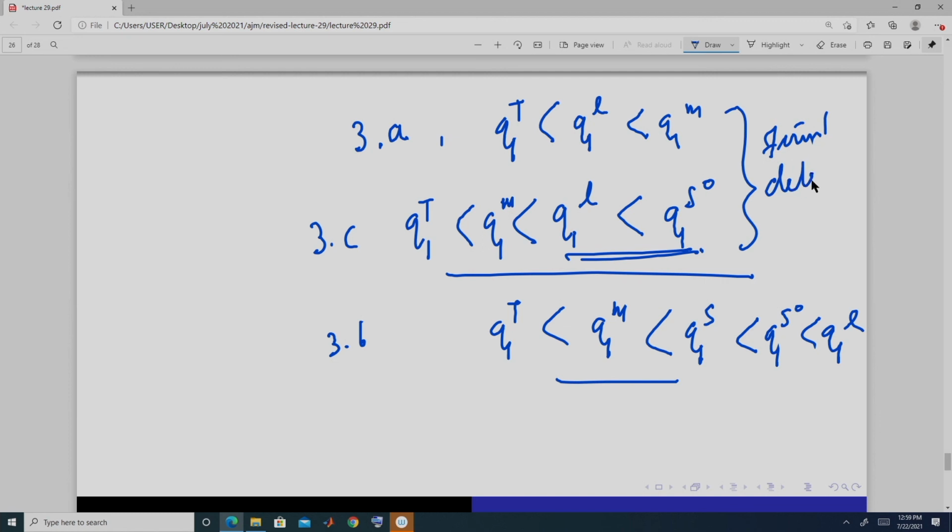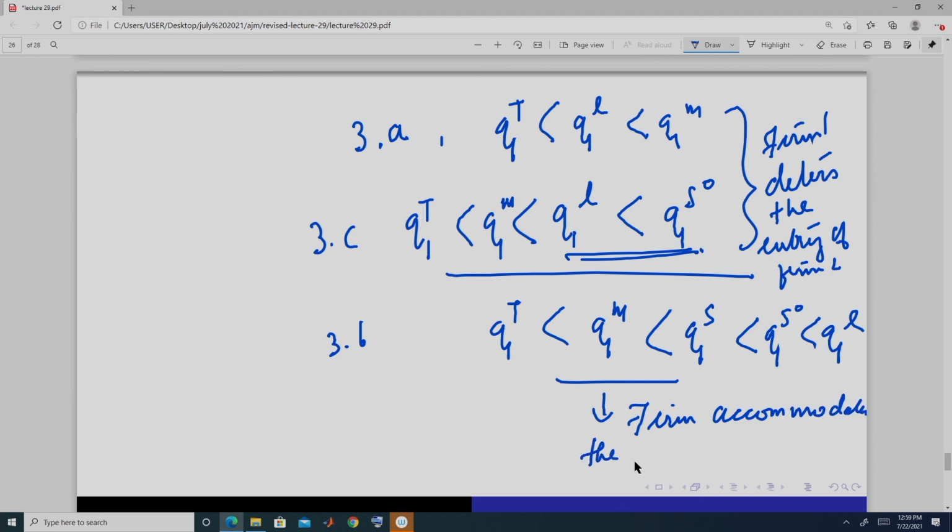farm 1, deters the entry of farm 2, here farm 1 accommodates the entry of farm 2.